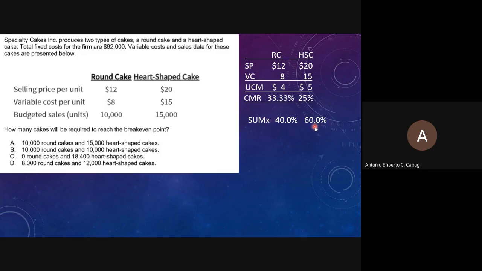As for the sales revenue mix, multiply the price by the budgeted sales. Price times quantity. 12 times 10 is 120. 20 times 15 is 300K. 120 plus 300 is 420K.